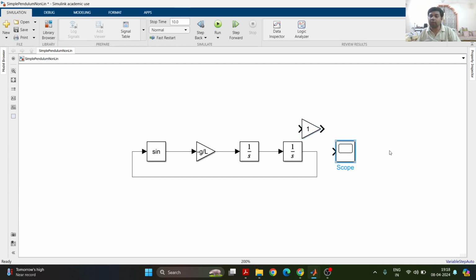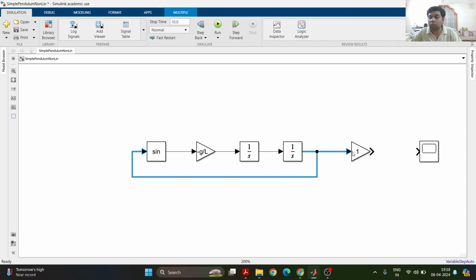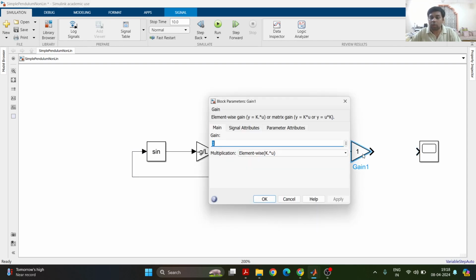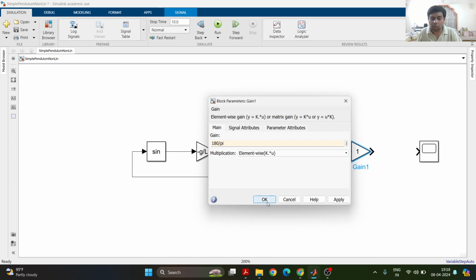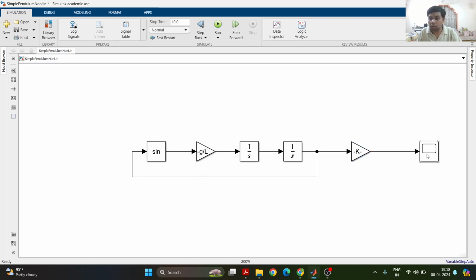These theta values will be in radians, so we can convert them into degrees by multiplying by 180 by pi. Then we'll get the angle made by the pendulum with respect to the vertical in degrees.